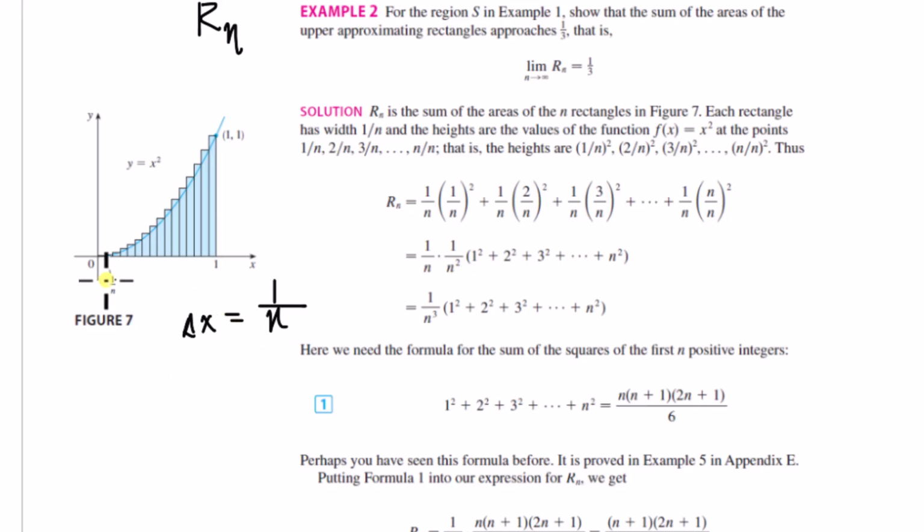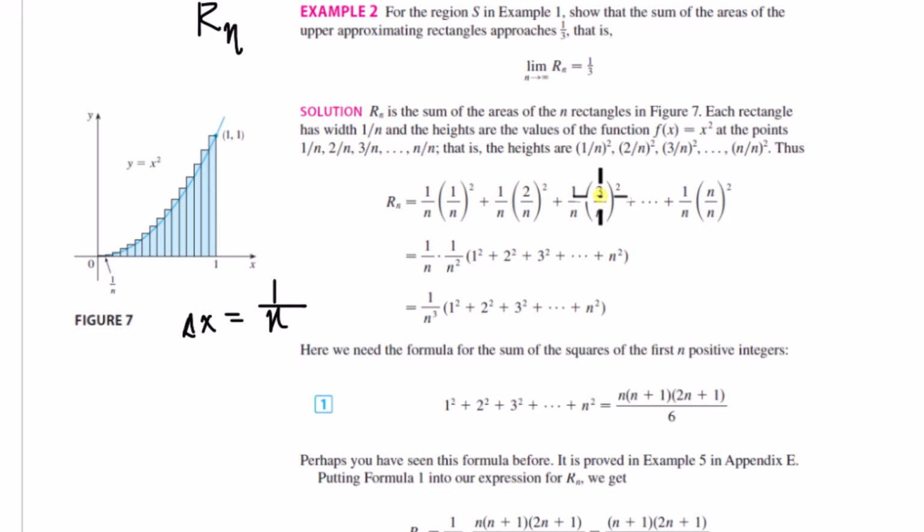Now, the right endpoint of the second strip is just 2 times delta x, so 2 over n. So you have 1 over n, the widths are the same, times 2 over n squared. Then times 3 over n squared for the third strip. So you extend this out. Generally, the general R sub n formula is just 1 over n times, then it's n over n squared, because we can see that the numerator here is just whatever strip you're at.